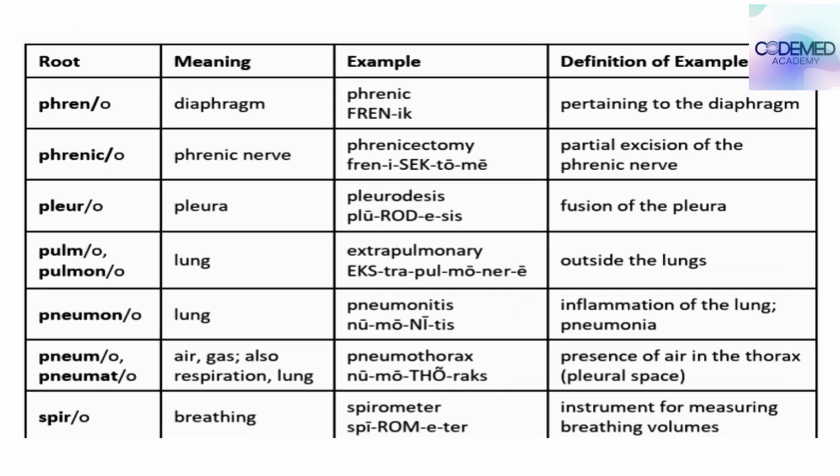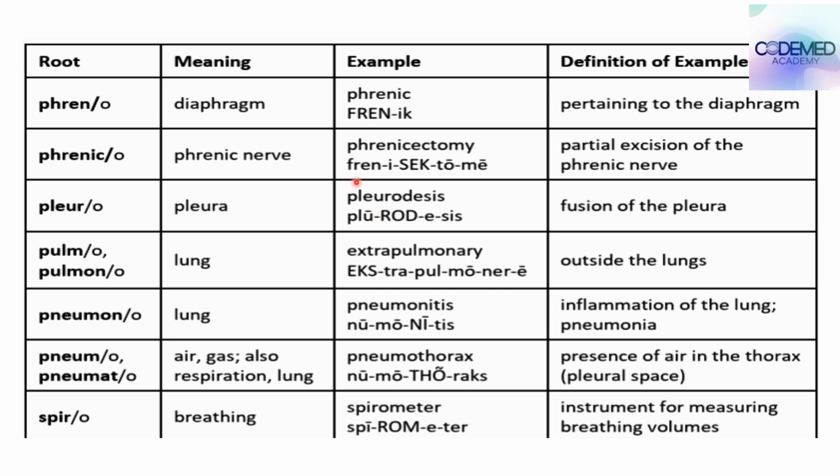There is some more important terminology: phren is the diaphragm and phrenic is pertaining to the diaphragm. The phrenic nerve, or the phrenicectomy, is a partial excision of the phrenic nerve. The phrenic nerve is basically the nerve which supplies the diaphragm, and ectomy is excised or removed.